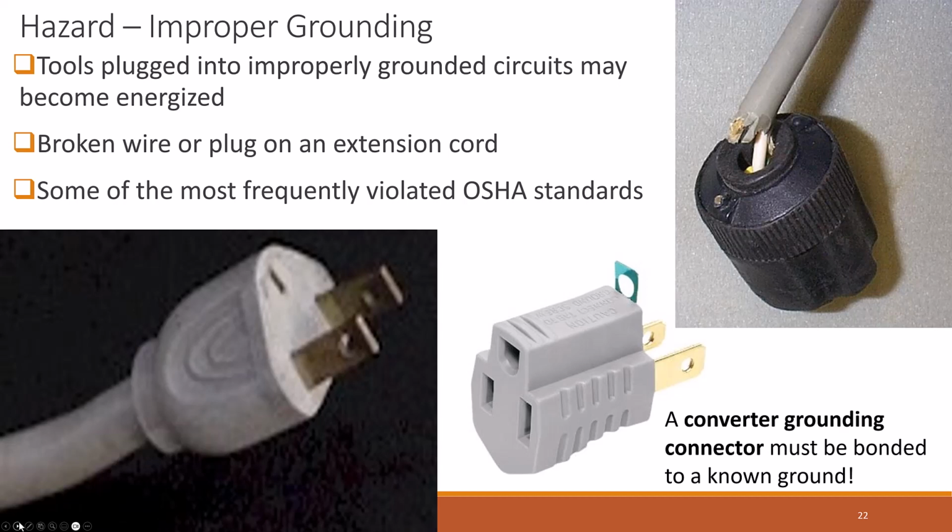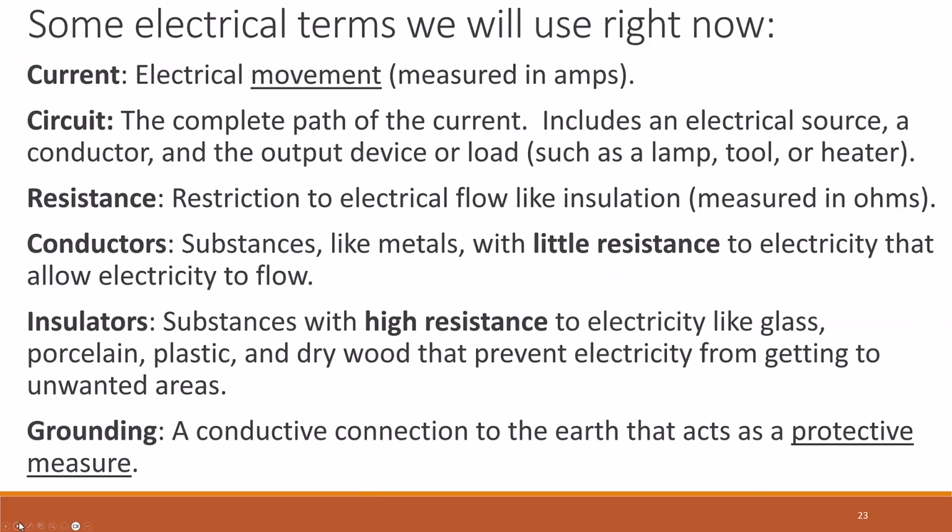But you notice that green tab sticking up, that's supposed to be connected to a known ground. And so you're not supposed to defeat with those. It's allowing you to ground in another way when you use them properly. But nobody does that. And then, of course, you shouldn't have faulty cords and connections to plugs on the end of cords either. You got to make sure you got everything in good shape.